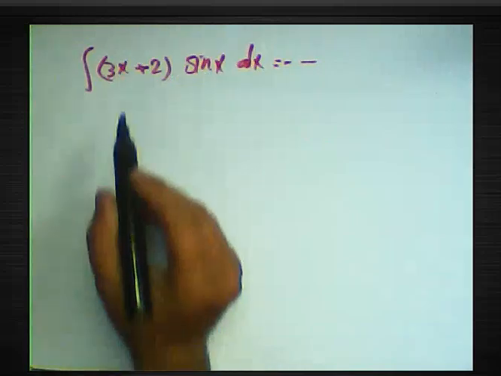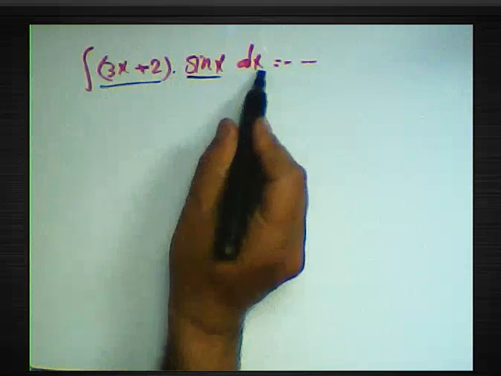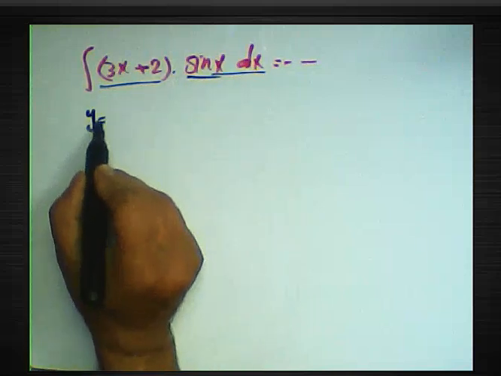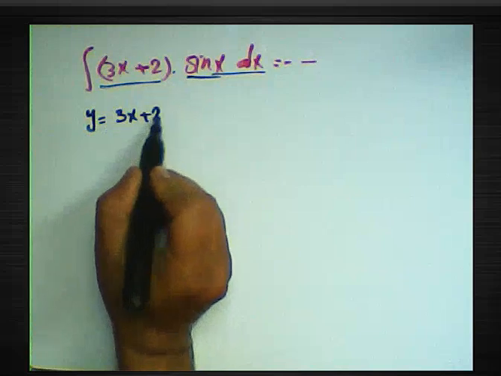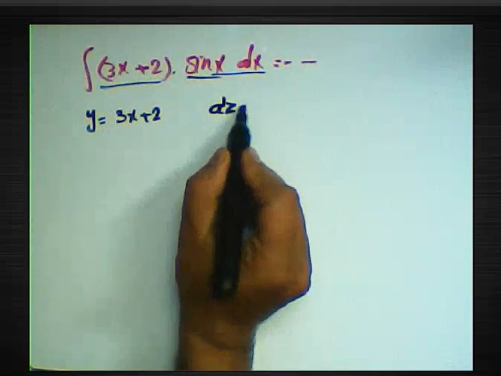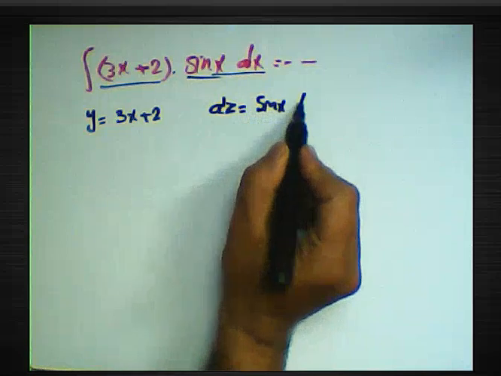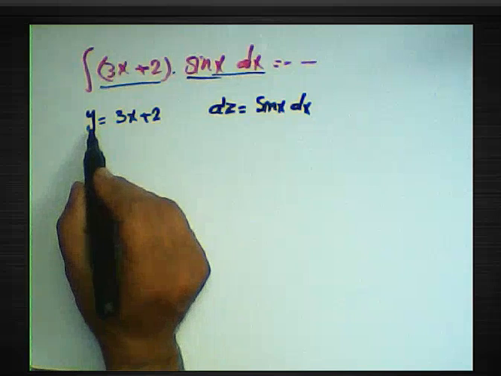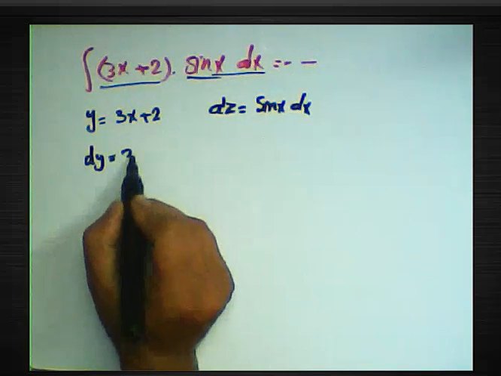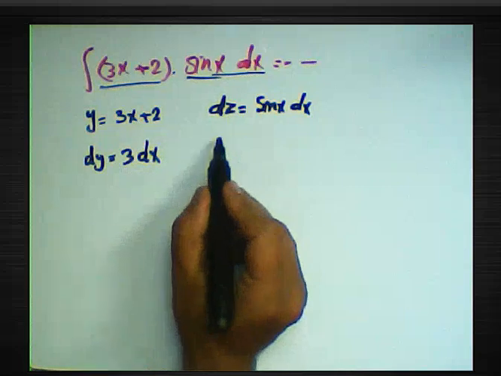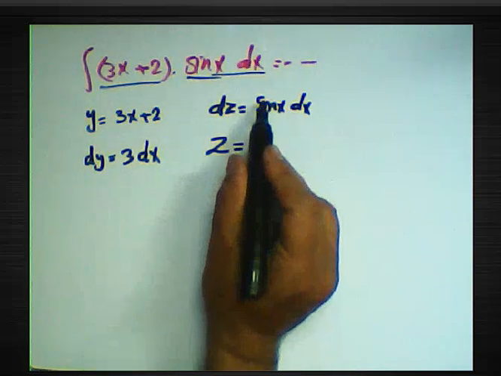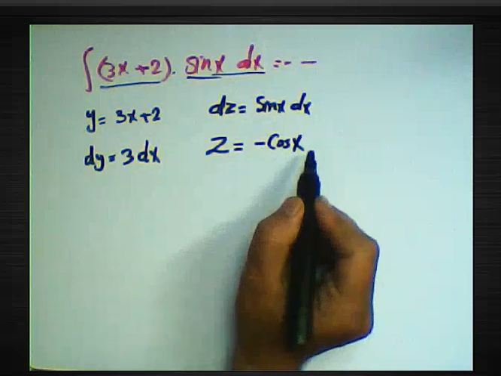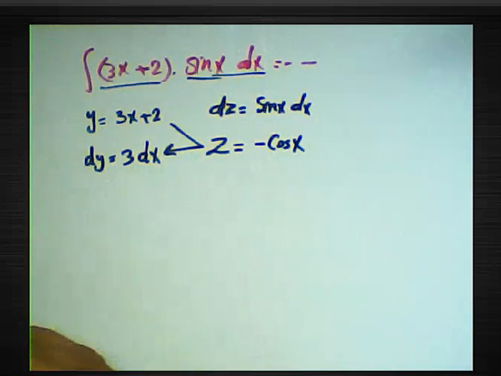Look here, integration of (3x plus 2) multiplied by sine x dx. We will put 2 functions: the first is y equals 3x plus 2, and the second function is dz equals sine x dx. The derivative of y will be dy, and here it will be 3dx, and the integration of this function will be z, the integration of sine, which will be negative cosine x. I used the rule here: multiplication between 2 functions, subtract the integration between 2 functions.